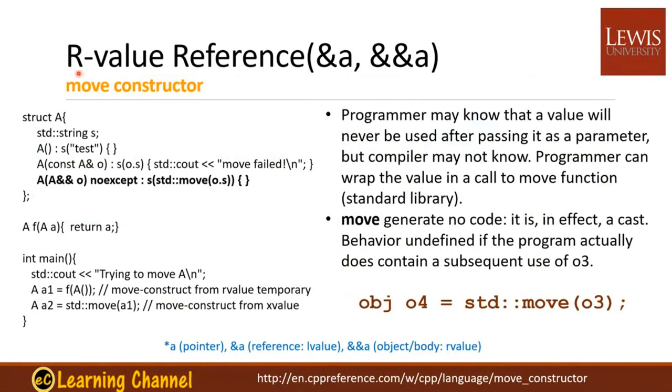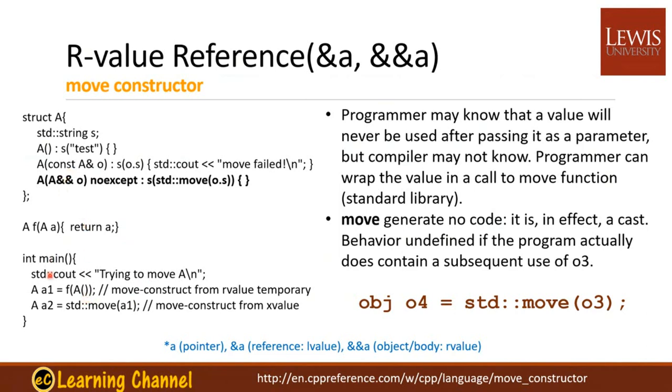And R value reference, we have the move constructor. So here we have an A structure. In the A structure, we have many member functions. When we try to move, we print that out, and then we call f of A constructor. So the A constructor creates an object, and that object is of A struct type.